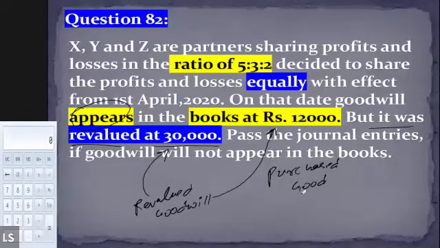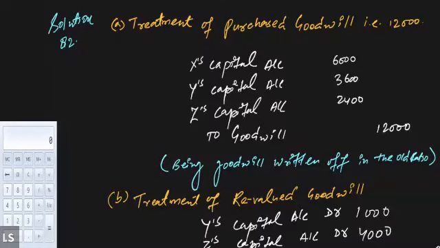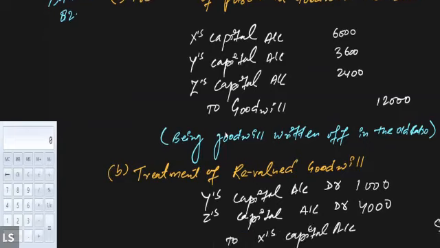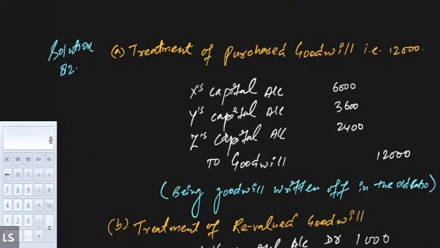So just let me show how it will be done. I'm going to explain case one, the situation when the goodwill has been purchased. The treatment of purchased goodwill: in our question, the purchased goodwill is of rupees 12,000.